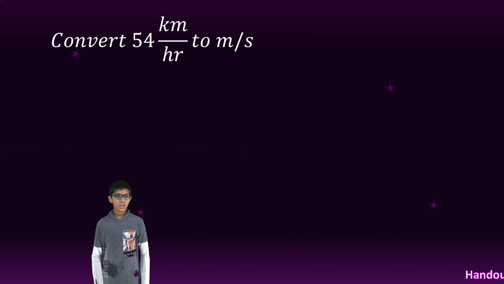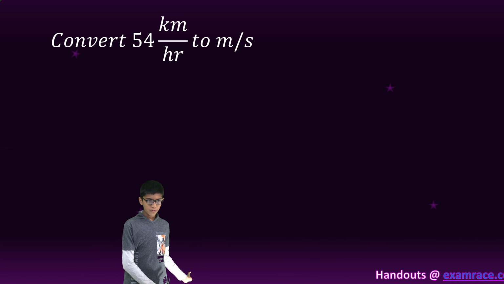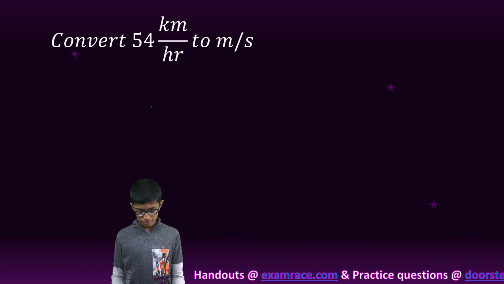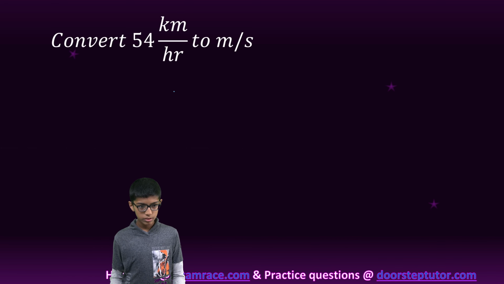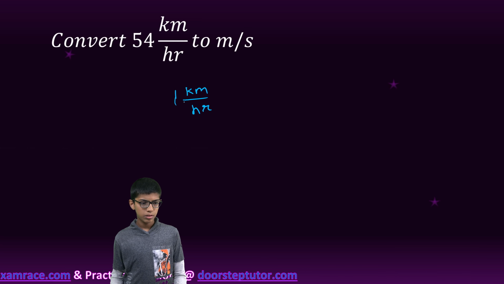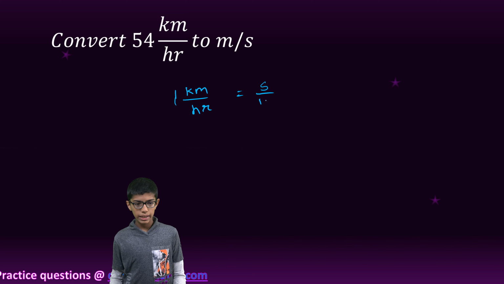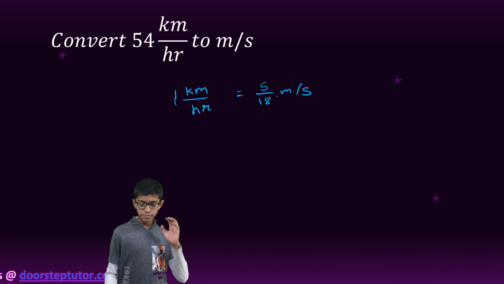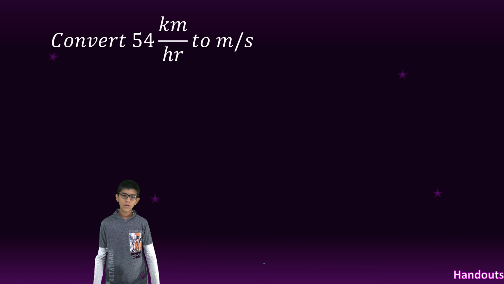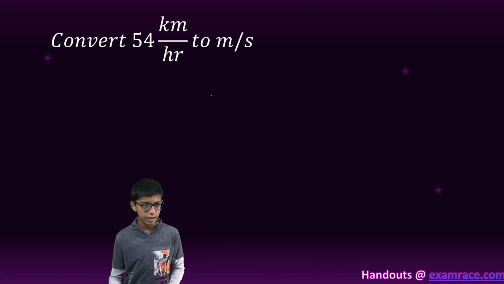Now the next question. We have to convert 54 kilometer per hour into meter per second. Again, 1 kilometer per hour equals 5 by 18 meter per second. Therefore, try to apply it on your own. Yes, we get it correct.